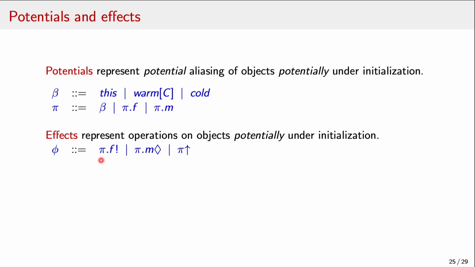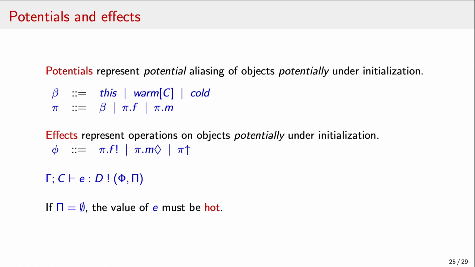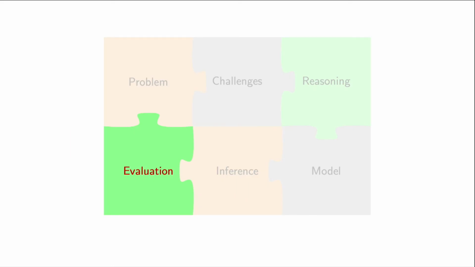Effects can be field access, method calls, or promotions. The high-level idea of the inference system is that each expression is associated with a set of effects phi and a set of potentials pi. If the set of potentials pi is empty, then the value of the expression at runtime must be hot or initialized. How does the solution work in practice?